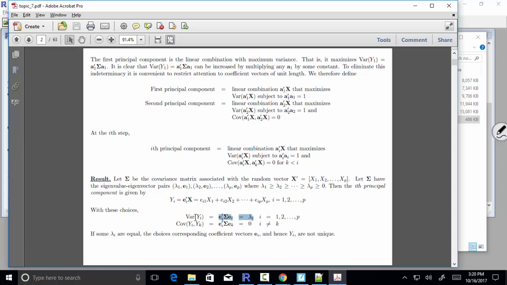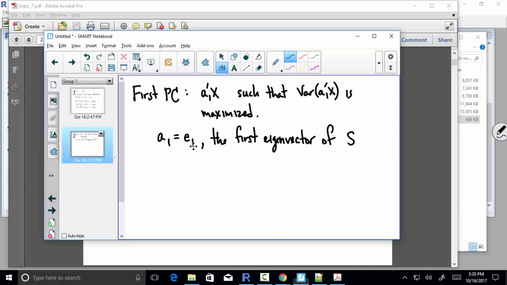And it turns out that the variance of that principal component, the best variance we could get out of all linear combinations, is the eigenvalue that goes with that eigenvector. So the best linear combination, the first principal component, is the linear combination where the coefficients come from the eigenvector. And then we have that the variance of A1 transpose X is lambda 1.